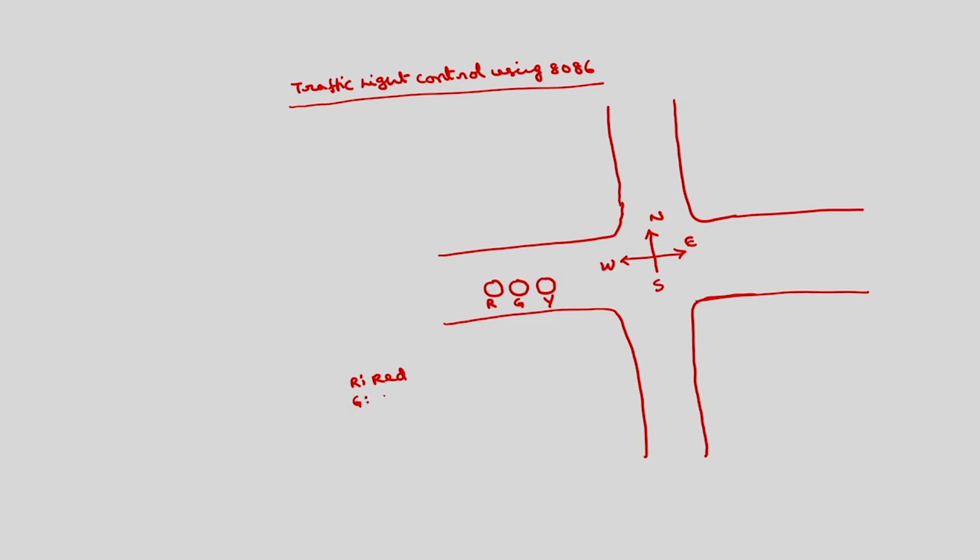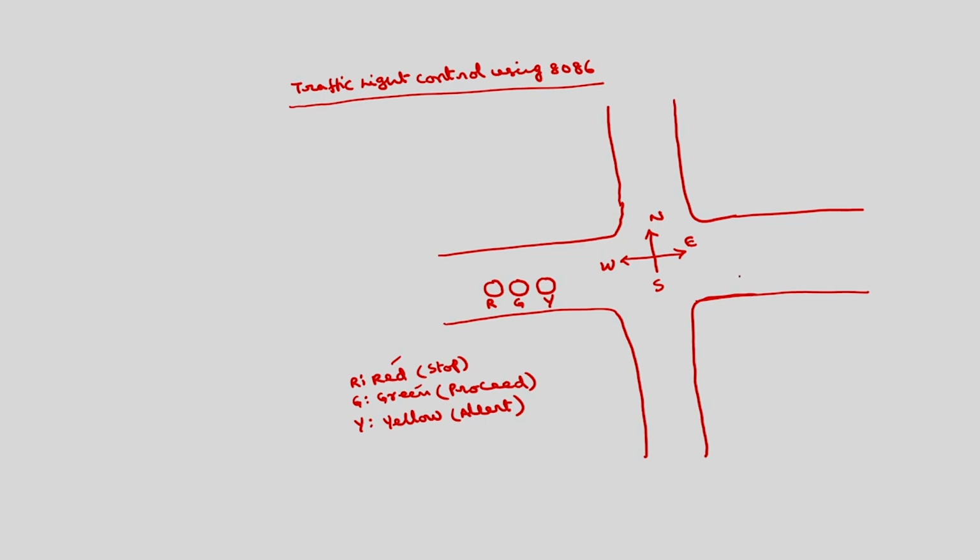G is green, which indicates proceed. This will indicate stop, this will indicate proceed, and Y represents alert. Yellow, so before going into the red or green, I will make alert yellow.